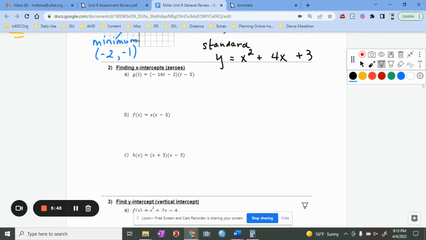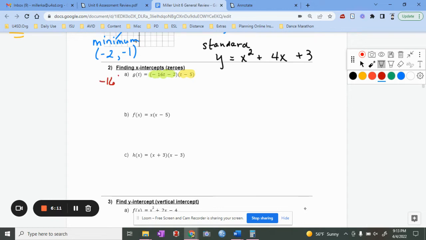Now let's review how we find those x-intercepts. I talked a little bit about that in the problem above. It's when we are going to take the two parts. So I have negative 16t minus 2, and I have t minus 5. We are going to set those two parts equal to 0.